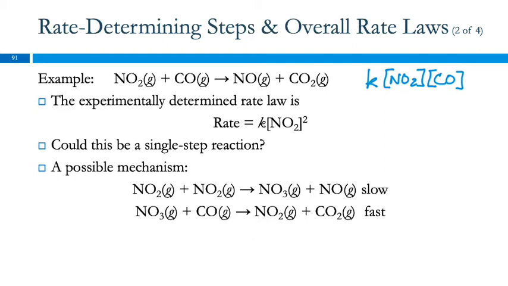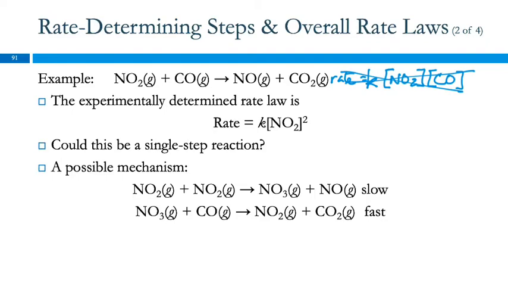Yeah, it would be second order, but it would depend on the carbon monoxide concentration. If this is an elementary step, then the rate law would be this, rate equals k[NO2][CO]. But we determined experimentally that the rate law was this. So this cannot be a single-step reaction where one of these collides with one of those and makes the products. So there must be something else going on.